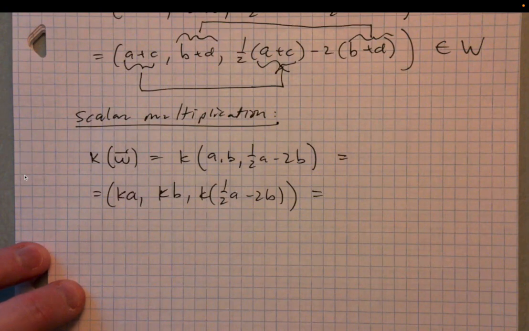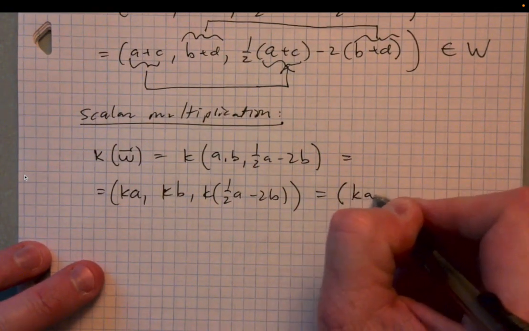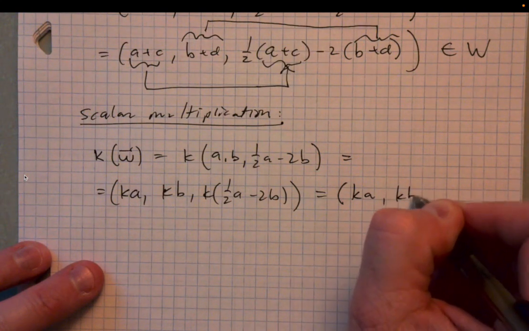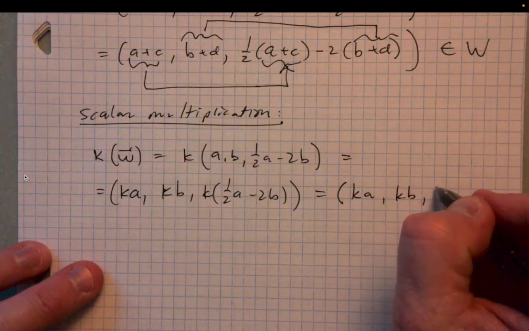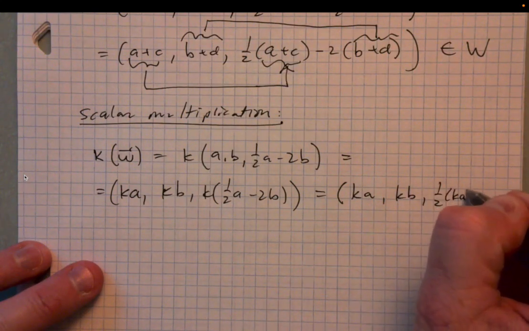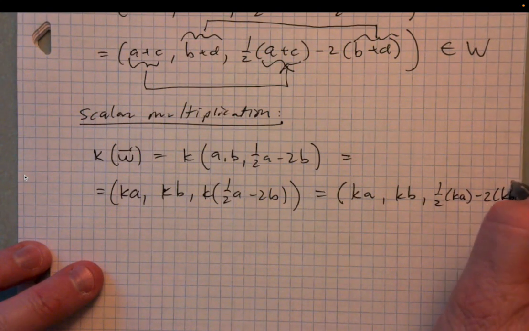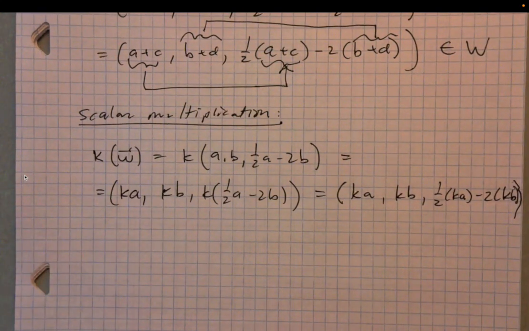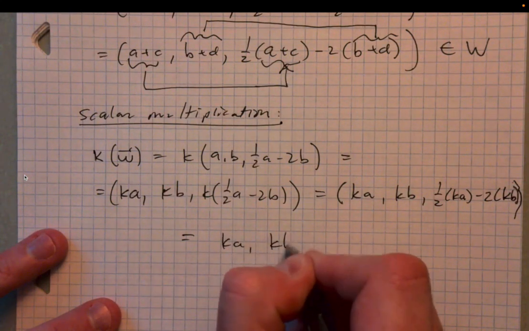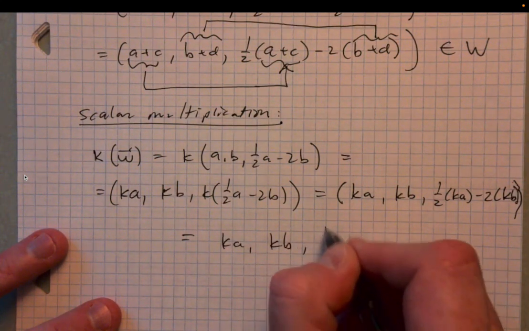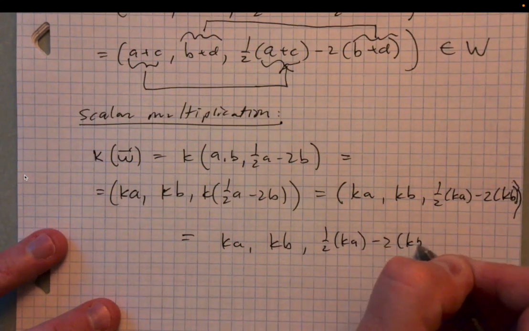And what I can do here is distribute the K into this, right? So it'll be 1/2 KA minus twice KB. Let me rewrite that. So KA, KB, 1/2 KA minus 2KB.